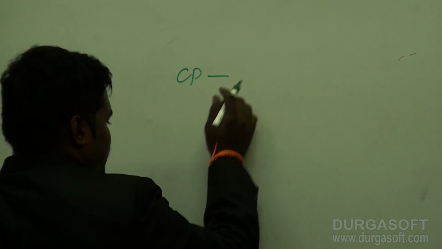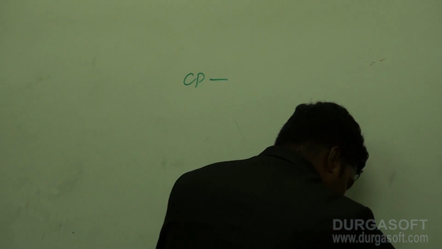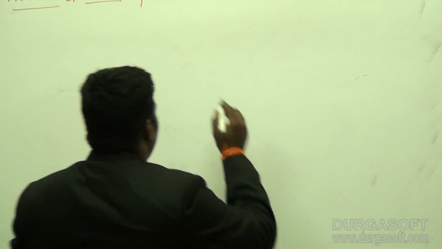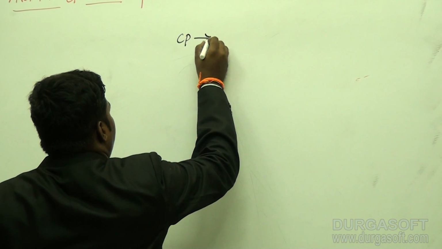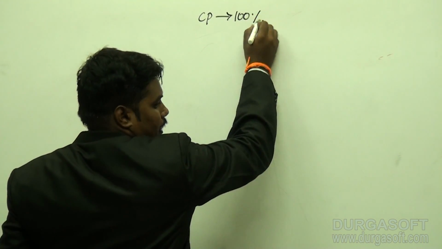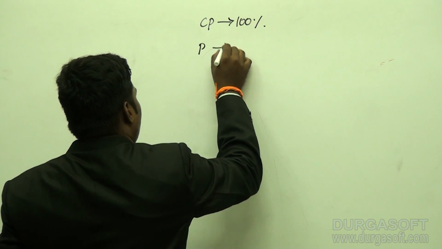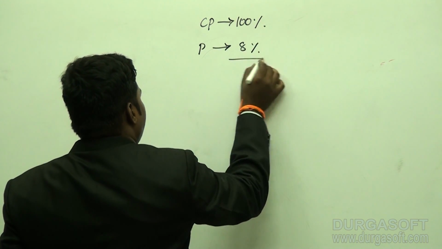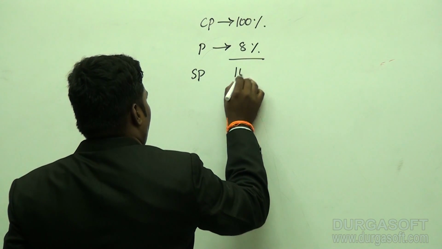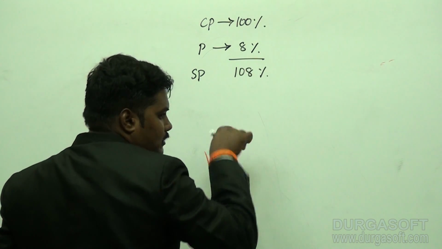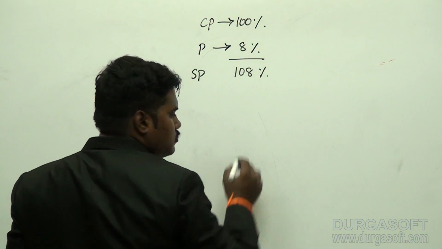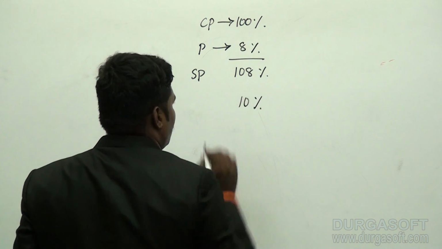Initially the cost price can be taken as 100%. There the profit is 8%, then the selling price is 108%. On this he gives a 10% discount.